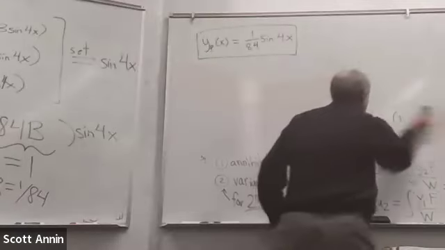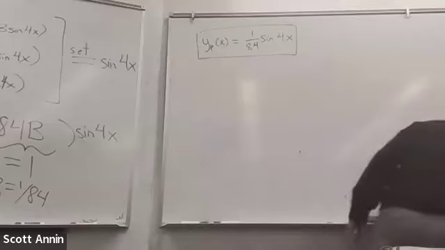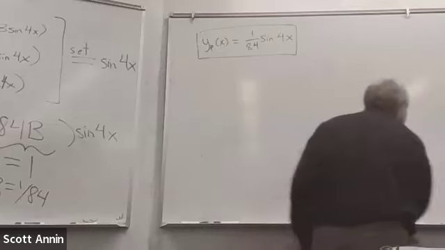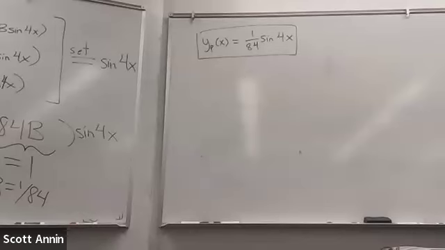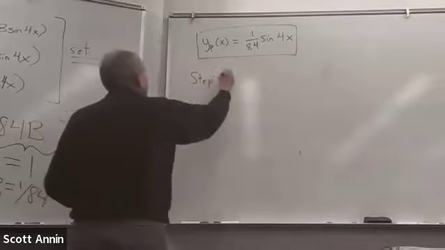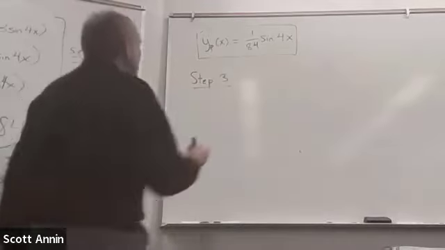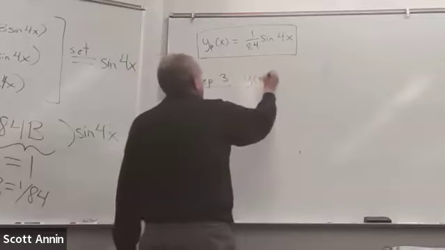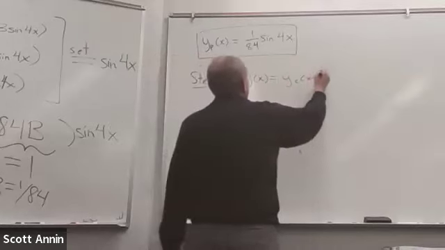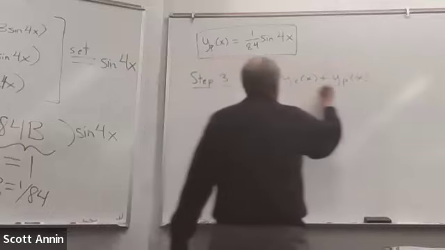And now I'm ready to write down the final answer, step 3. Okay, so step 3 then, guys, is just to write the final answer. And the final answer is going to be y of x equals, well, you can just do it the way we did before: y sub c of x plus y sub p of x.